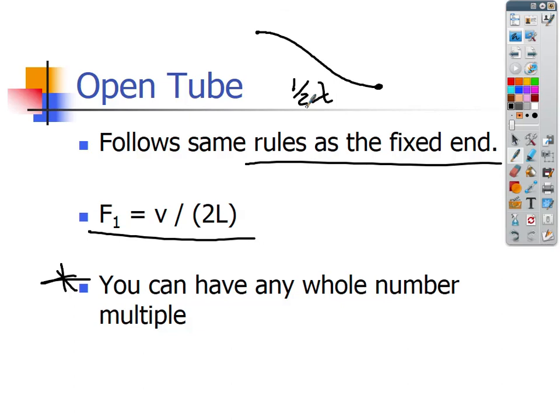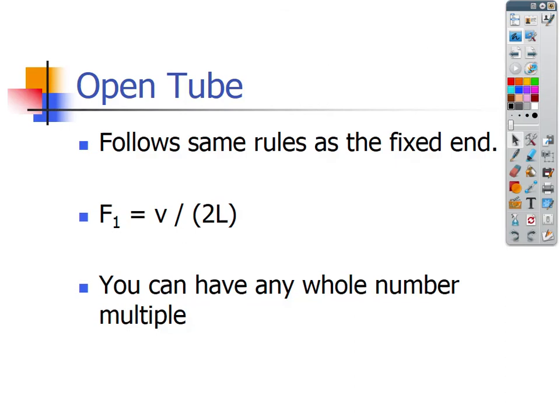And again, people struggle seeing that, but that is half of the wave because if I go back up, that's one whole wave. So I only have half the wave, so if I know the length of the tube, L equals 1/2 wavelength, wavelength equals 2L. So open tube works exactly the same as fixed end. It's the closed end, or one side fixed, that's the weird one.